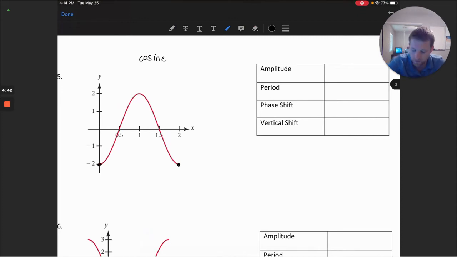Again, notice that this is going to have y equals 0 as our midline, so there is no vertical shift.